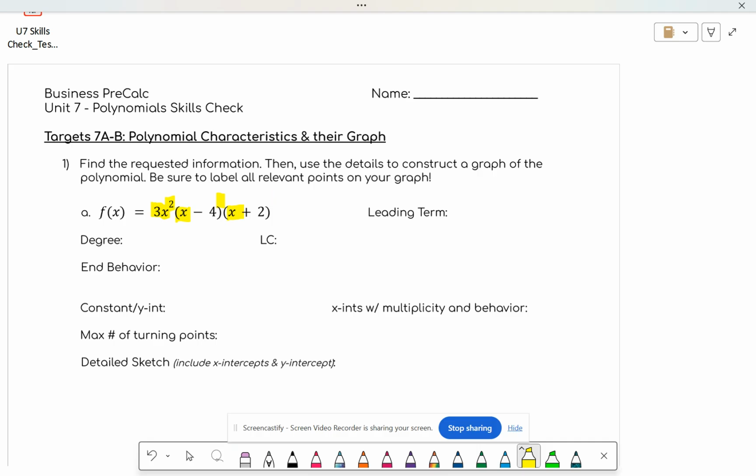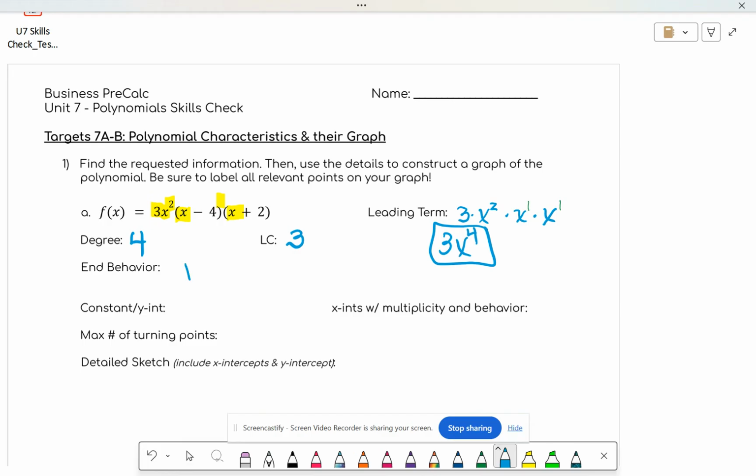So I have 3 times x squared times x times x. If there is no exponent, we can say there's an exponent of 1. So that tells me the leading term is 3x to the 4th. That means my degree is 4 and my leading coefficient is 3.